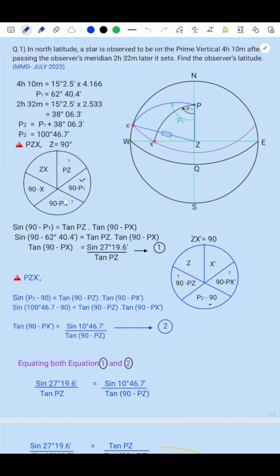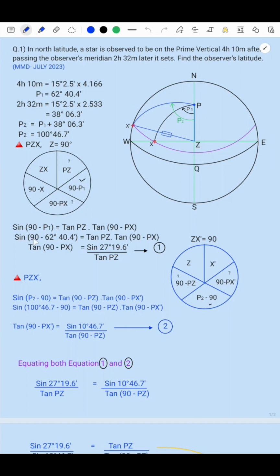Then applying Napier's rule, sine of 90 minus P1 is equal to tan of PZ into tan of 90 minus PX. Sine of this angle is equal to tan of this into tan of this.